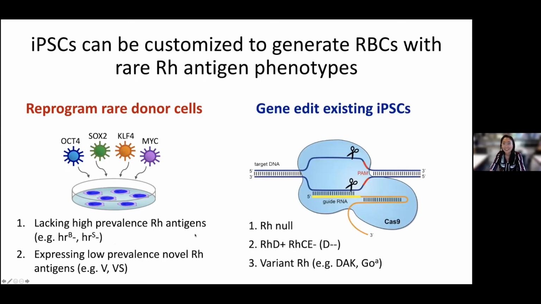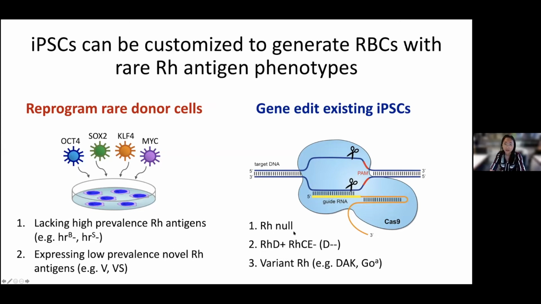And then our second approach into making these rare red cells is to use CRISPR-Cas9 and zinc finger targeting to gene edit existing iPSC lines. And we used this approach to make lines that we totally couldn't find donors for because they're so rare. And the first line that we made is the Rh null line.